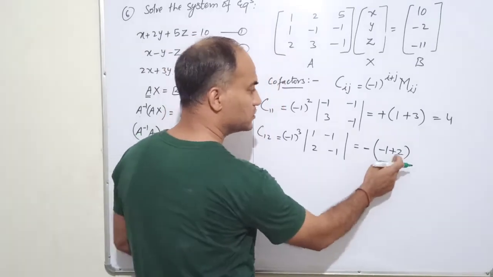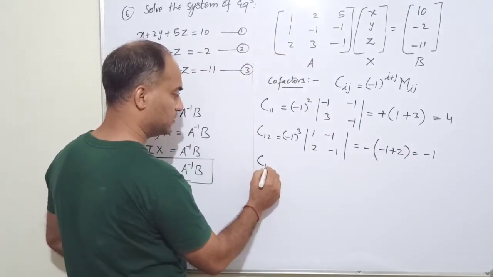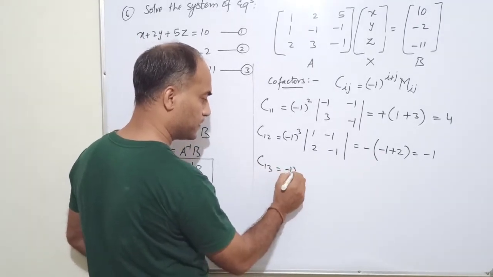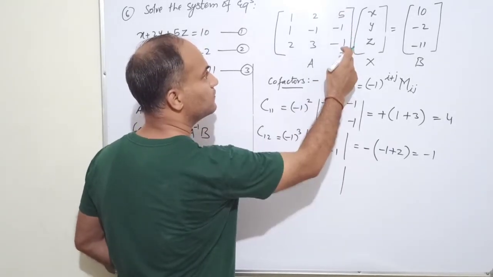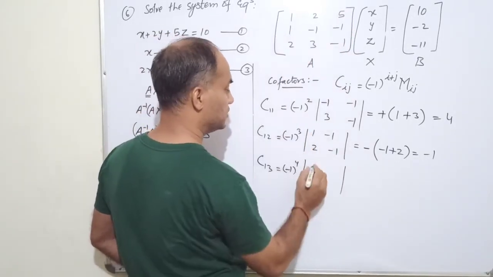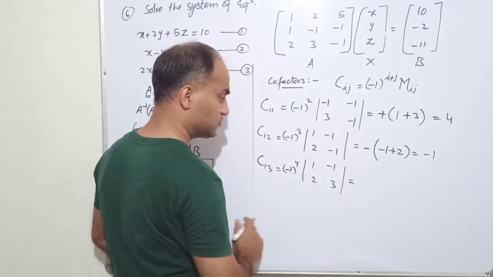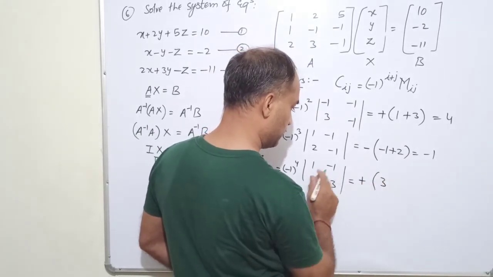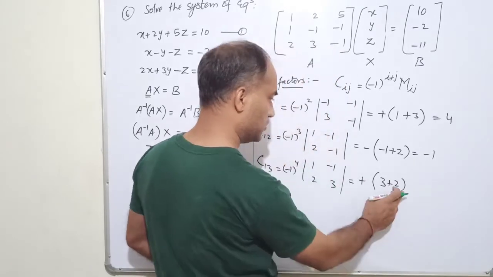Okay, so this is 1 and minus 1. Now next 1, 3, this is minus 1 to the power 4. So this is positive only. For this element, leave this column and row, we get 1, minus 1, 2 and 3. This becomes positive. 3 plus 2.